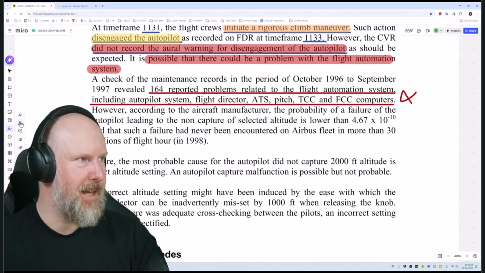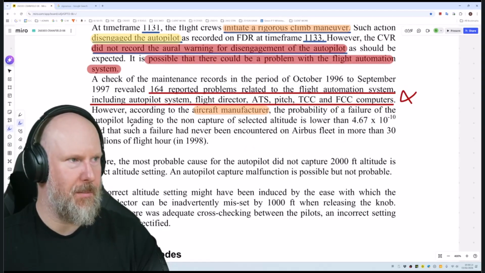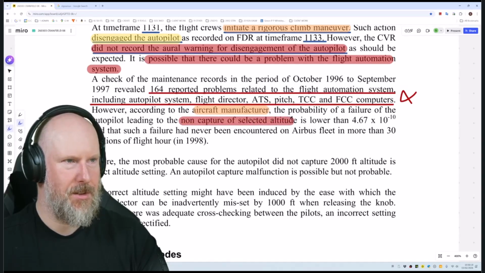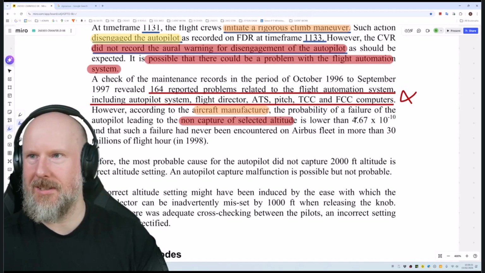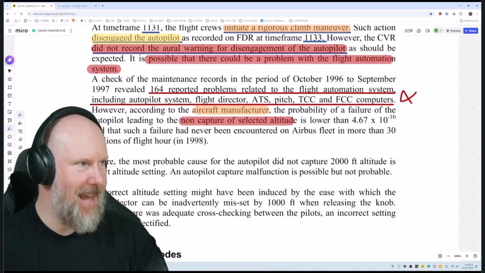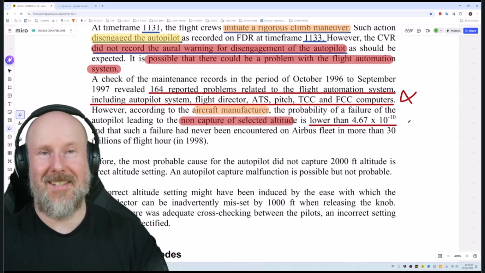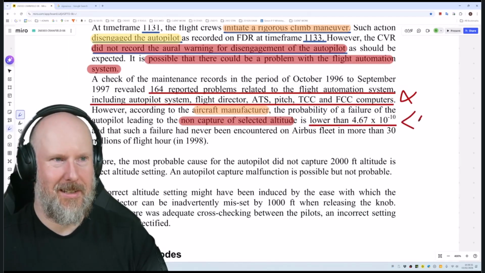However, according to the aircraft manufacturer, the probability of failure of the autopilot leading to the non-capture of selected altitude is a very, very precise, specific number, 4.67 times 10 to the minus 10. Wow, that is an impressive number, I must say.